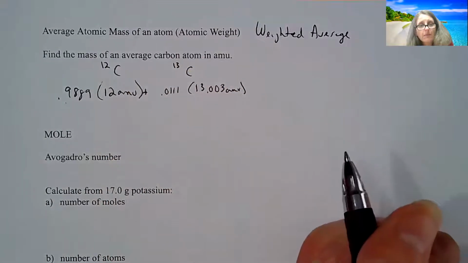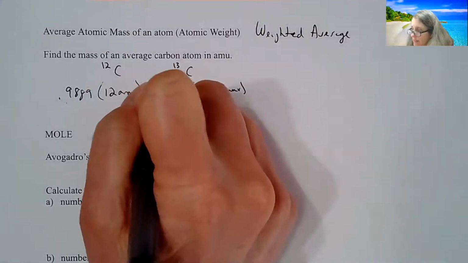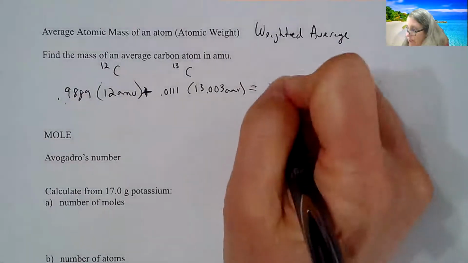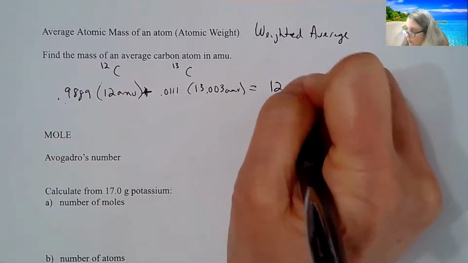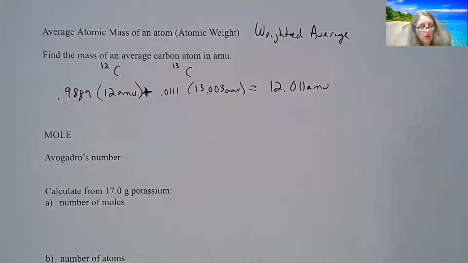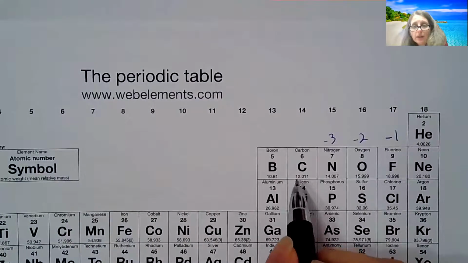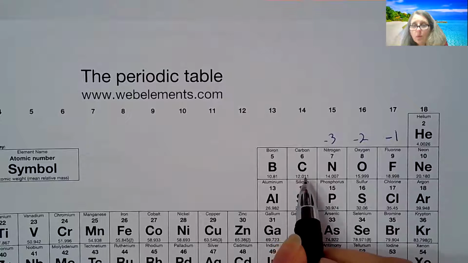I'm going to multiply that by the AMUs. And then I'm going to add these two together, and I'm going to get the overall mass of a carbon atom, which happens to be 12.011 AMUs, which, if you look at any periodic table, depending upon how many digits they take it out, carbon is going to have a mass of 12.011.